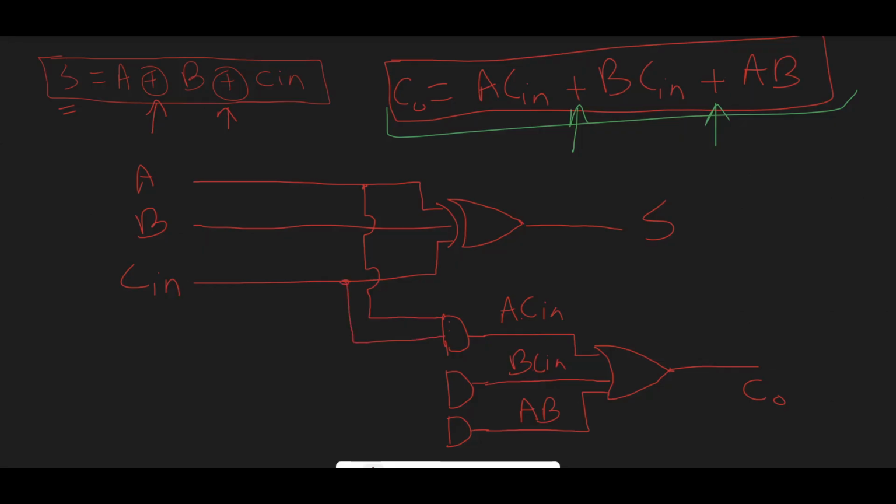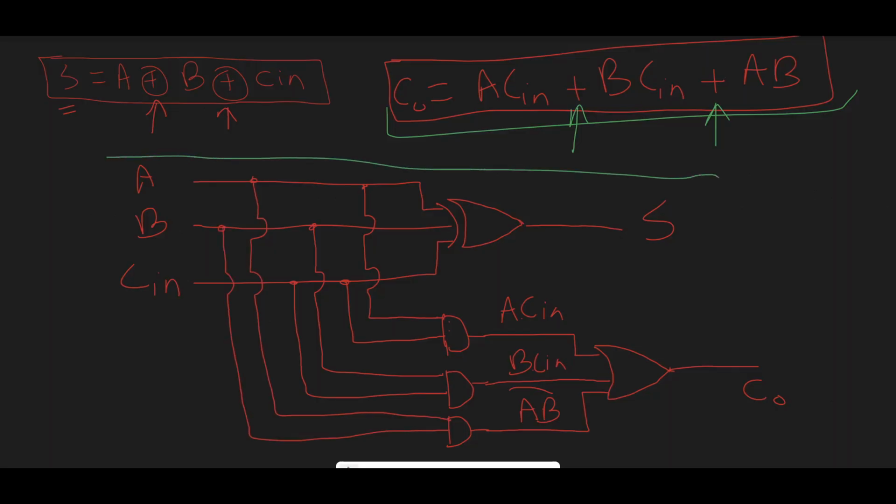The second gate we have B Cn, we can take B from here, Cn from here, and then the last one we have AB. So we can take A from here, not connected, not connected, and B. Okay, so this whole circuit here is our full adder circuit.